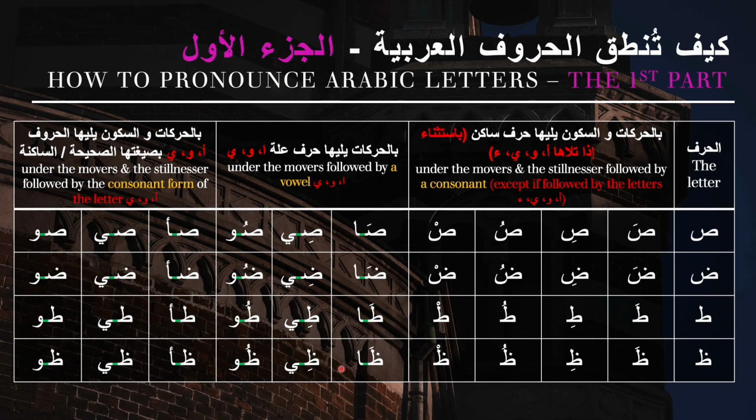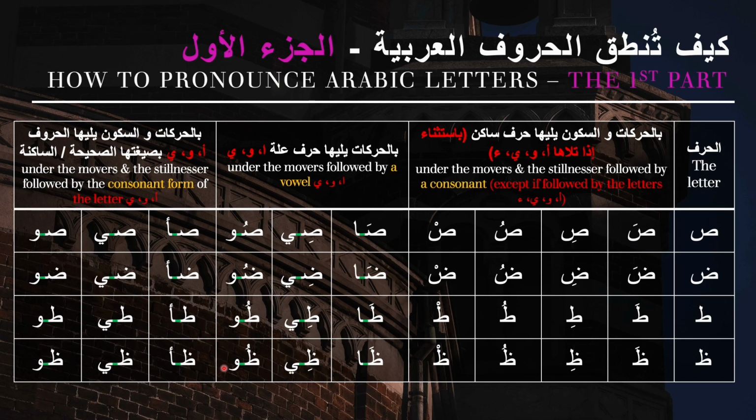So ba, bi, bu. These are extended. The mover fatha is associated with the vowel alif. The mover kasra is associated with the vowel ya. The mover dhamma is associated with the vowel waw.